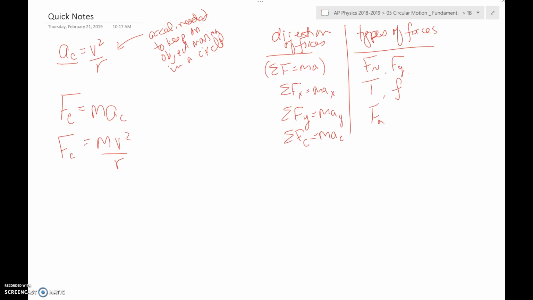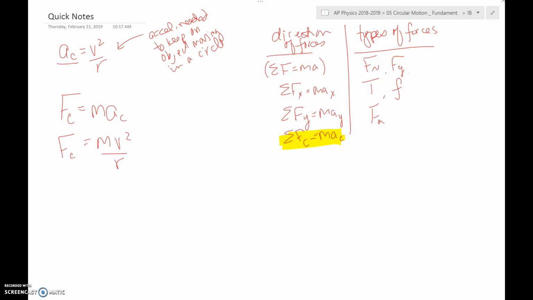So this is what centripetal force is. It's really more of a directional thing as opposed to a type of force. So we don't really say, oh, this is a centripetal force. Every centripetal force is a type of force.